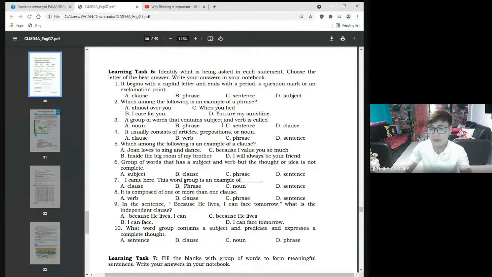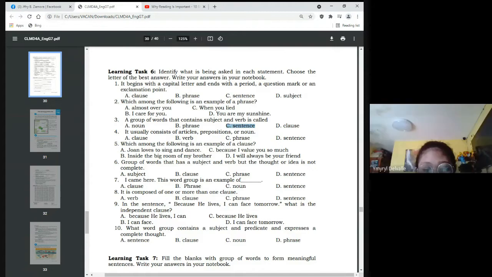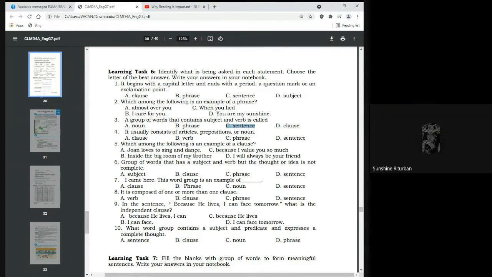A sentence is a group of words. A clause is a group of words. A phrase is a group of words. A noun is not, of course. So here only B, C, and D. But here it emphasizes only the subject and a verb. So if there is a subject and a verb, that is automatically the letter C, sentence. Am I clear on this? Clear po. Yes, sir. Okay.